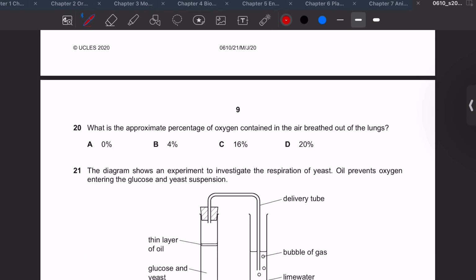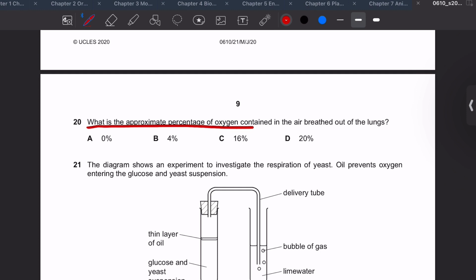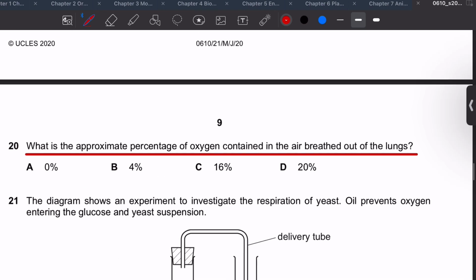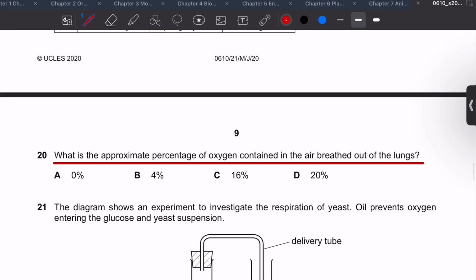Number 20. What is the approximate percentage of oxygen contained in the air breathed out of the lungs? So, this is something you guys should memorize. In the air, there's about 20 to 21% of oxygen, and about 0.04% of carbon dioxide.